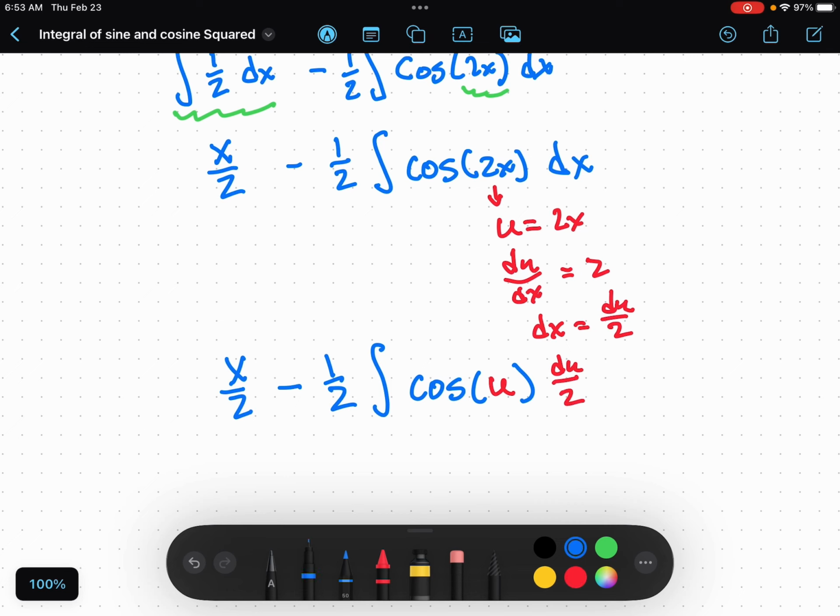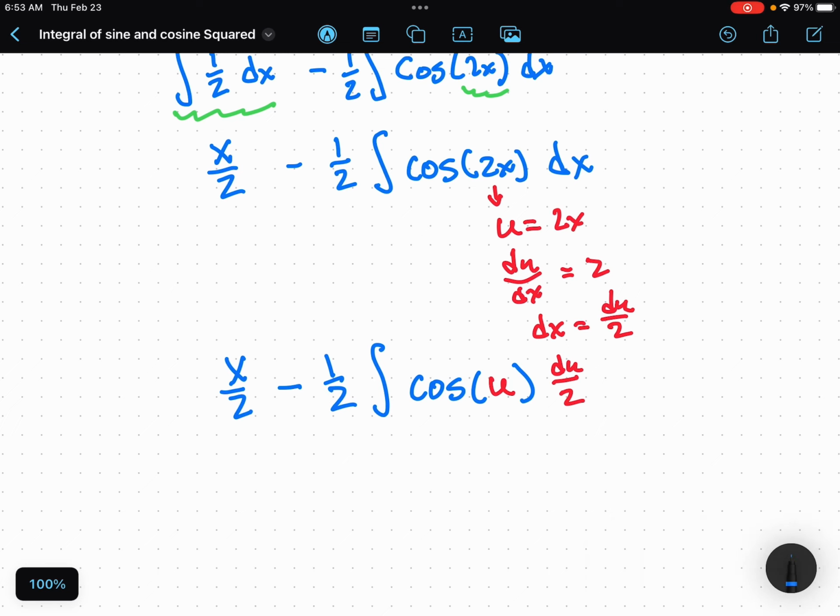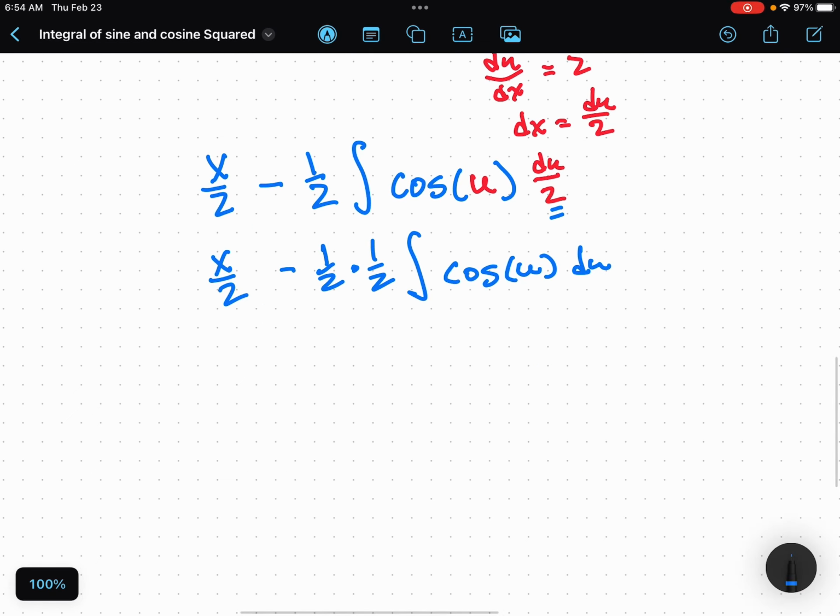And then I've got to clean this thing up and wrap this problem up here. So that's x over 2 minus 1/2. And then I've got this 1/2 here that I'm going to bring out. So that's another 1/2. So that's going to end up being 1/4. And then I've got the antiderivative of cosine u du. Okay, so I've got x over 2 minus 1/4.